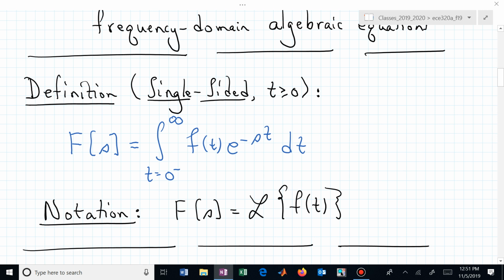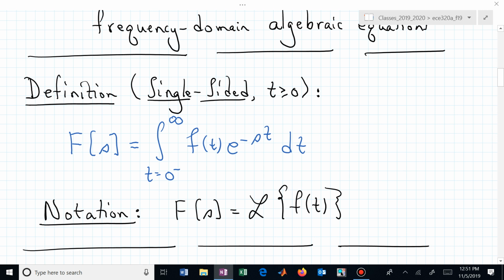When you see e to the st or e to the minus st, s is a complex number, and e to the complex number t is like this rotating phasor, and s is going to be whatever we want it to be. It's the entire complex plane, so that we now collapse time domain information into frequency domain content.